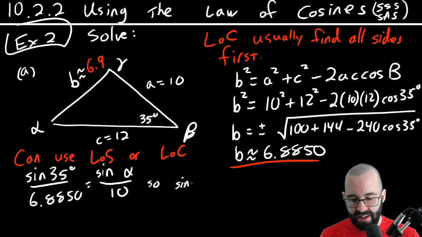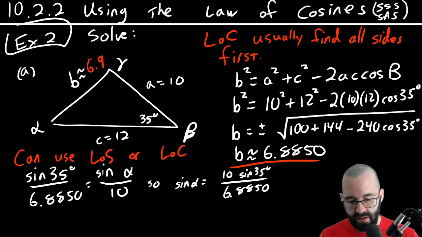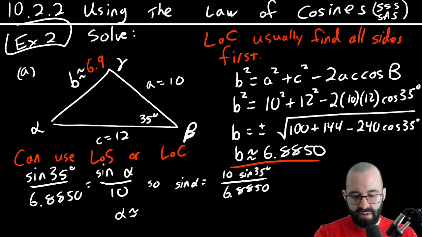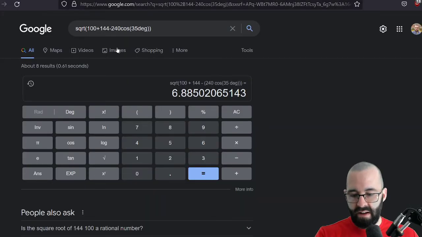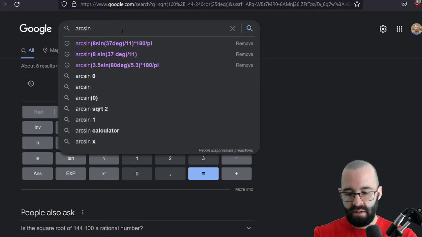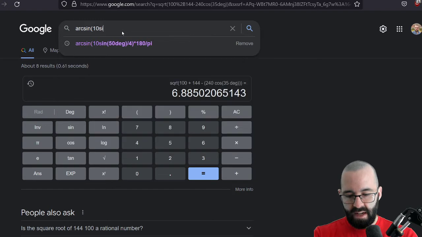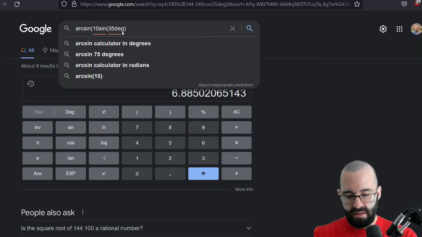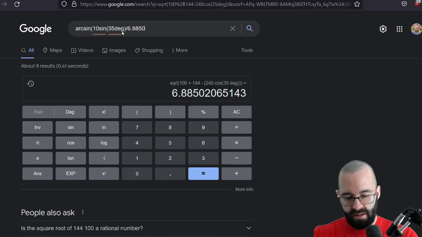All right, so sine of alpha equals 10 times the sine of 35 degrees divided by 6.8850, where alpha is going to be approximately equal to the arcsine of 10 times the sine of 35 degrees divided by 6.8850, and convert that to degrees.